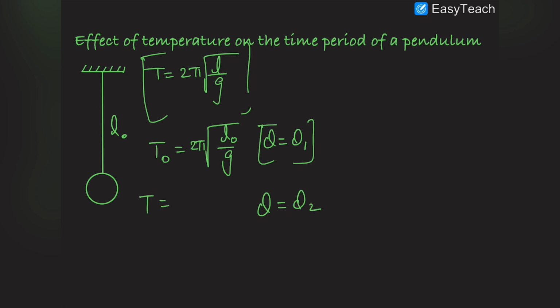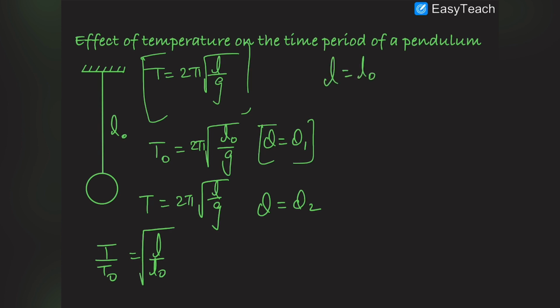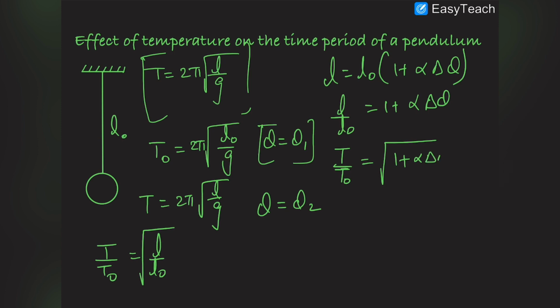So the time period would be 2π√(L/g), and T by T₀ will be equal to √(L/L₀). We know that L is equal to L₀(1 + αΔθ). So L by L₀ is equal to 1 + αΔθ, and therefore T by T₀ is equal to the square root of (1 + αΔθ).